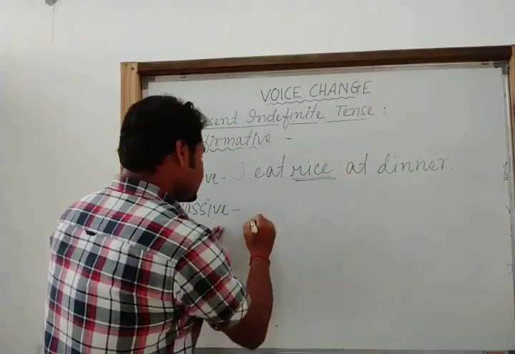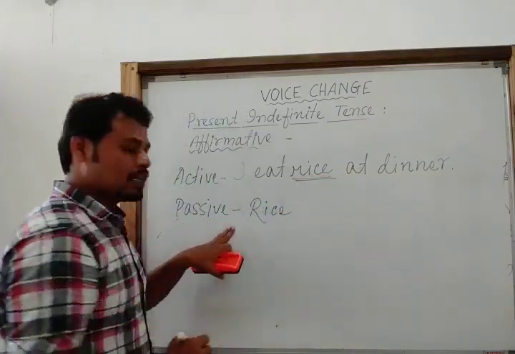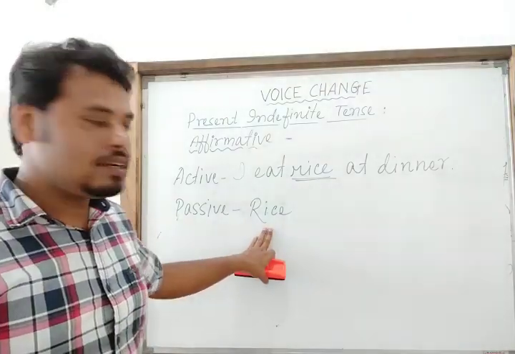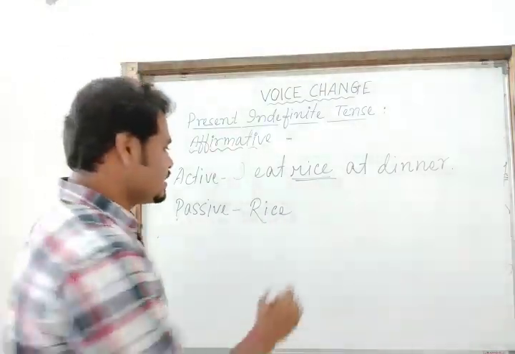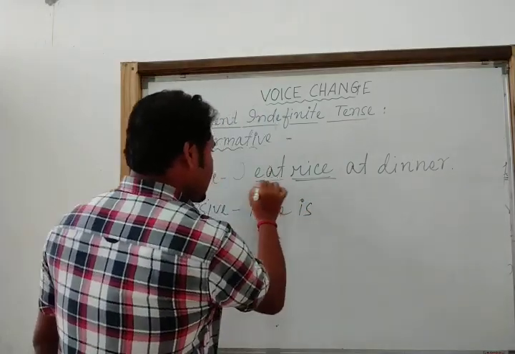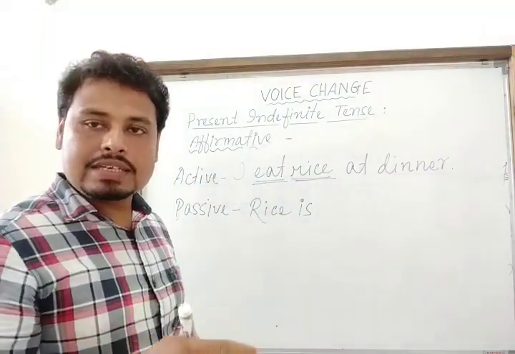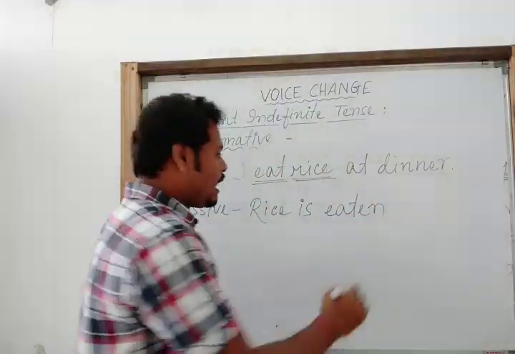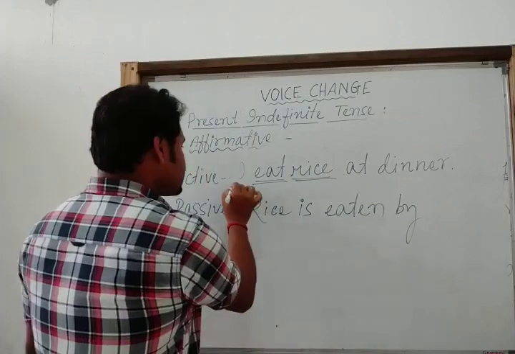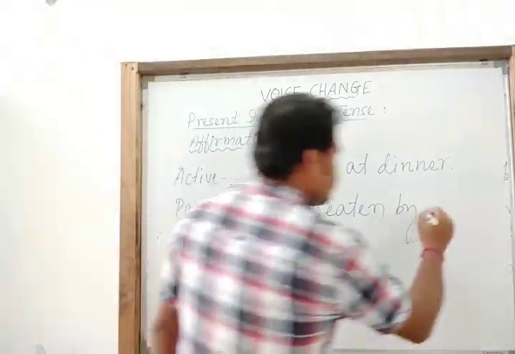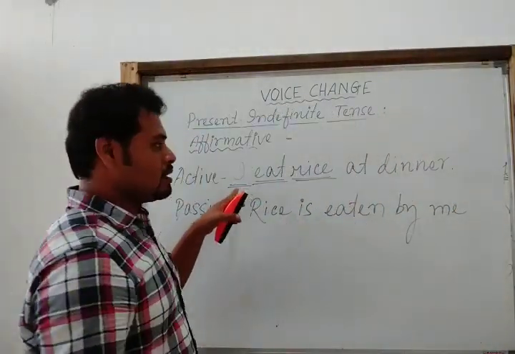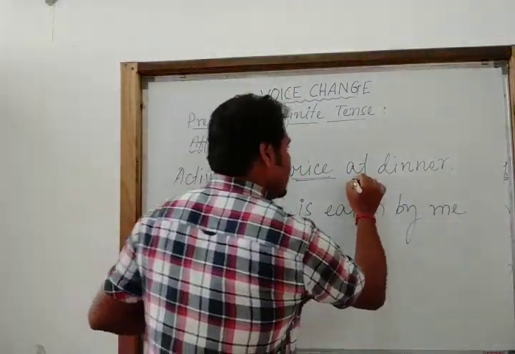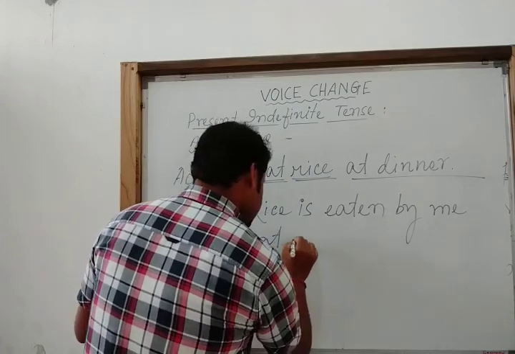So this is the object: rice. Again the be verb. It is third person singular, so the be verb is "is". The third form of the verb: eat, ate, eaten. So it is eaten. Then "by". Then the subject of the active voice, "I", which changes to "me" by the rule we have seen. Then the others that we have: at dinner.